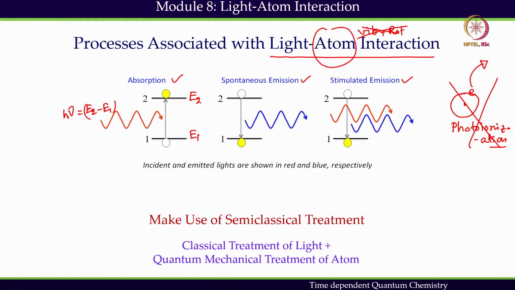This process is called absorption. An atom can also undergo spontaneous transition from an excited state to a state of lower energy, emitting a photon with an energy h nu, which is going to be E2 minus E1. This is E2 energy and this is E1 energy. This process is called spontaneous emission.